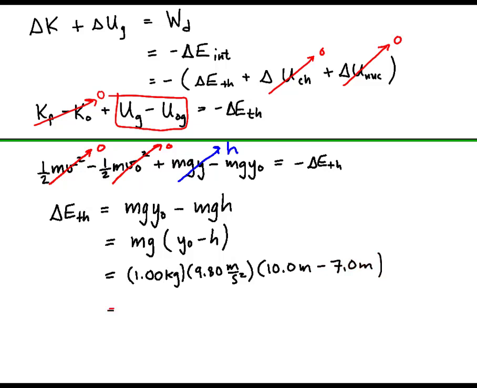So when we look at this, I'm going to kind of visually do a unit check. Kilograms times a meter squared per second squared, that ends up being a joule. When I plug this into my calculator, I get 29 joules. So what this says is that air resistance changed the thermal energy of the system by 29 joules.